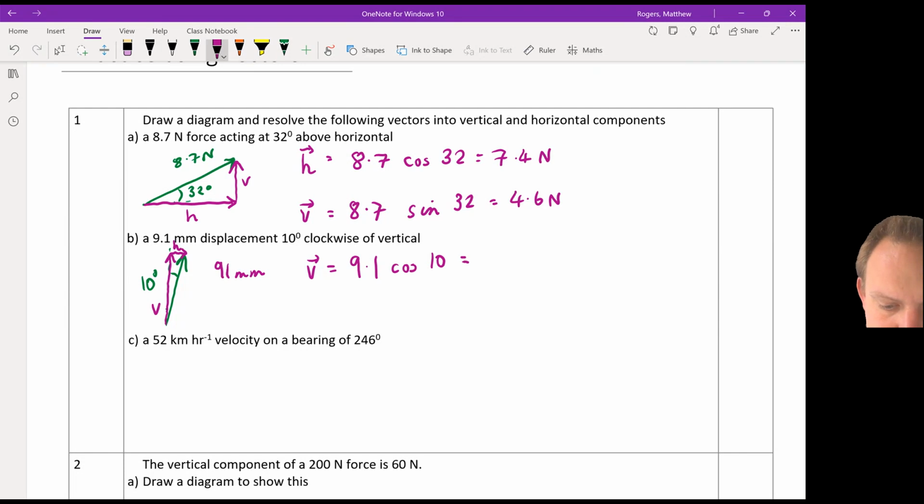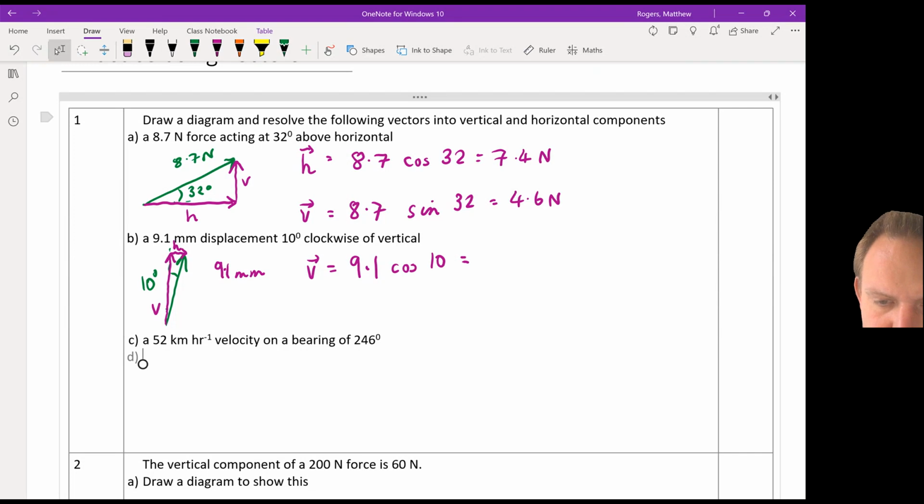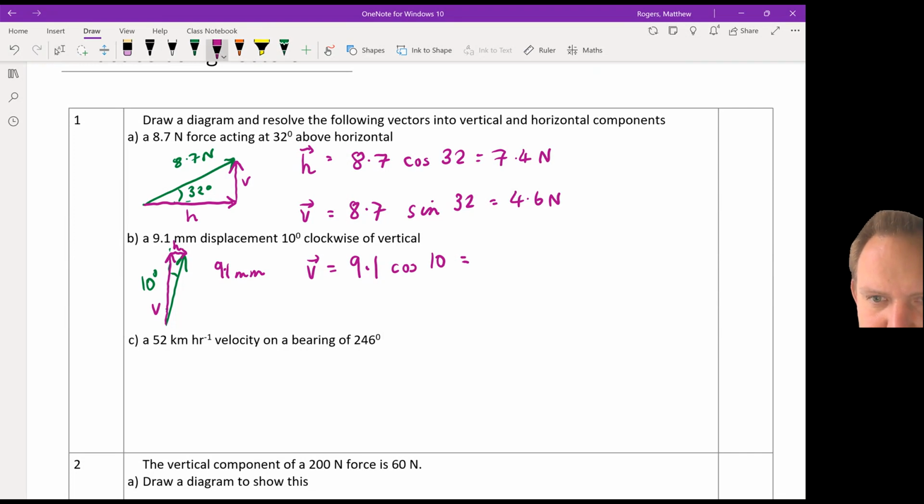So 91 times, oh sorry, not yet, 9.1, isn't it? 9.1 times the cos of 10 degrees is 8.96. So again, we're working to two significant figures. So to two significant figures, that's 9.0 millimeters.